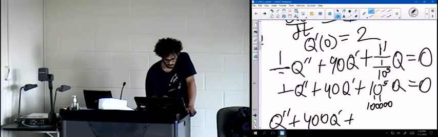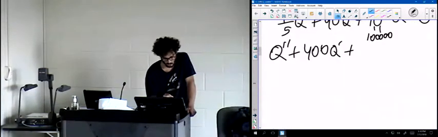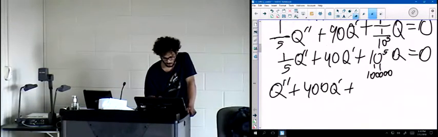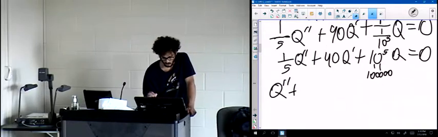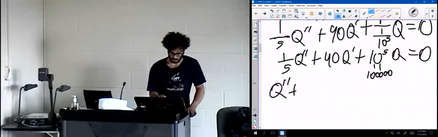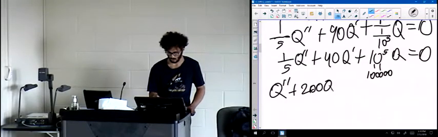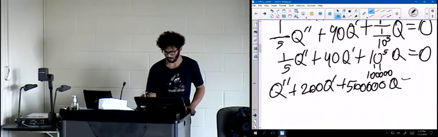It's 1/5. Okay. So, actually multiply by 5. Okay. So if that's the case, then 5 times 40 is simply 200. And this is 500,000 Q.